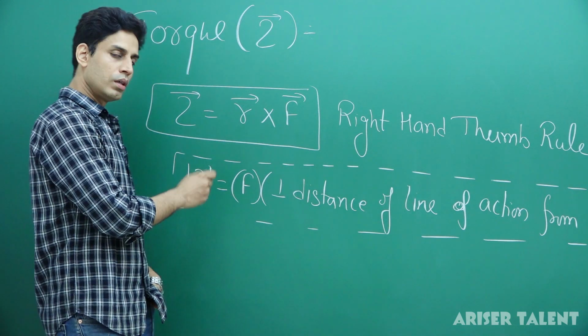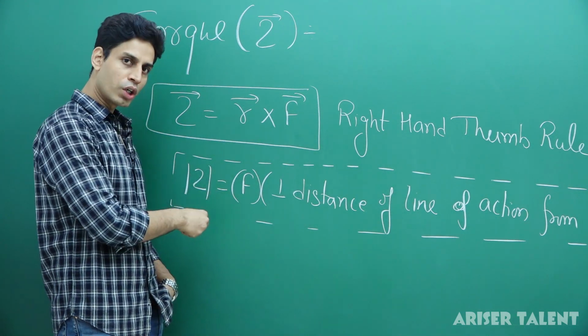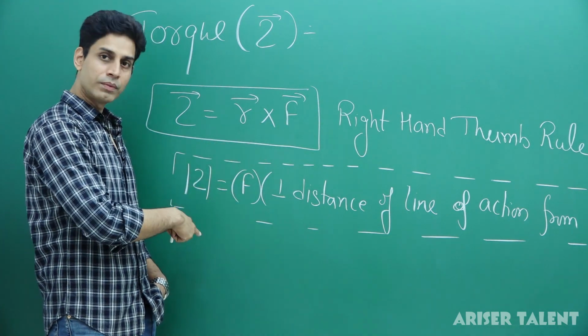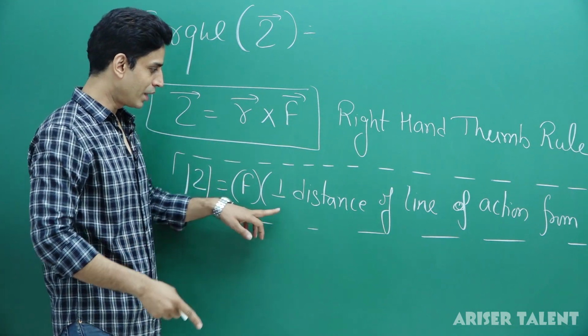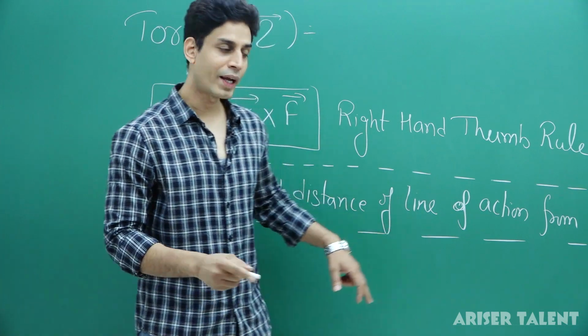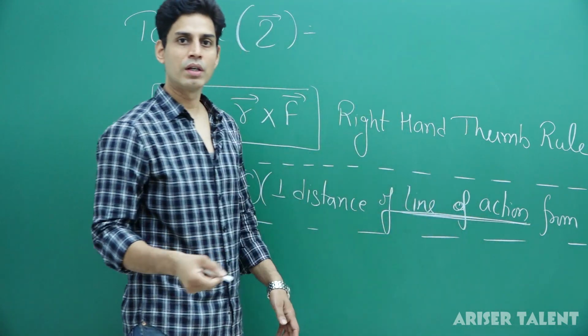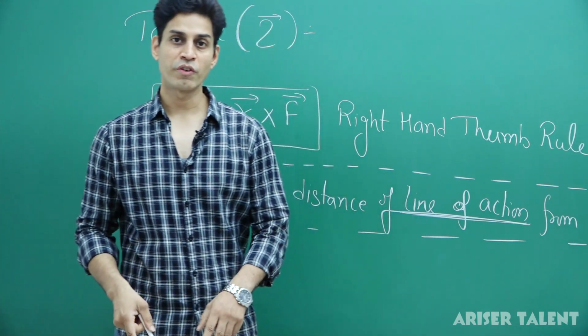Okay, I am repeating. The magnitude of the torque, the direction we will find by using the right hand thumb rule. So, the magnitude of the torque is force multiplied by the perpendicular distance of the line of action from the axis of rotation.